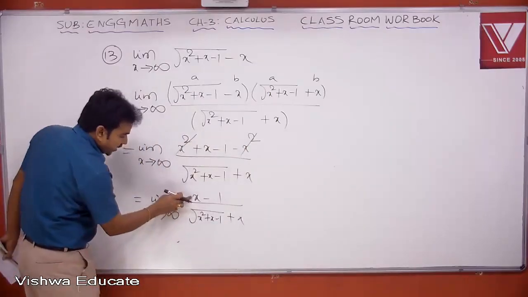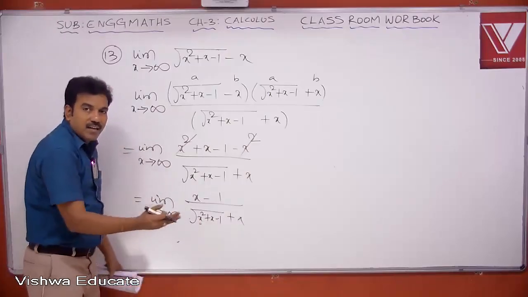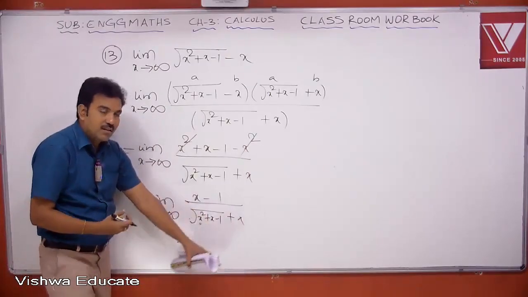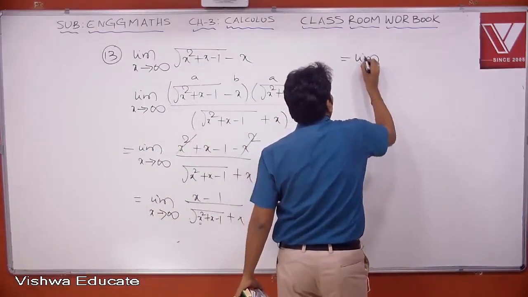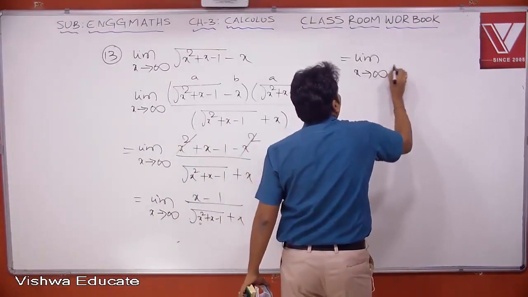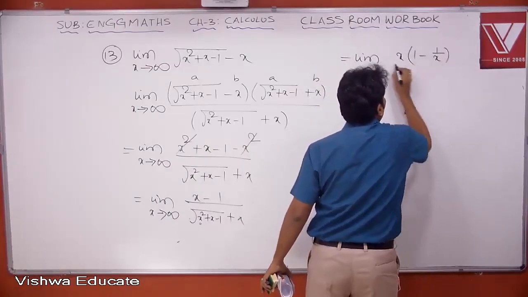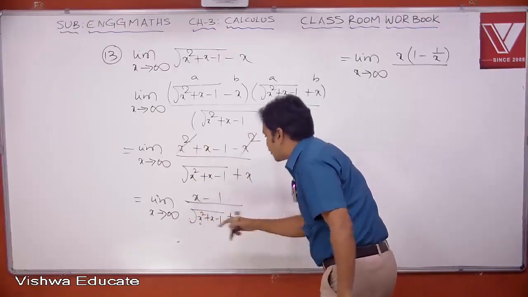Now here you can take x value common. Here when you take x square common, when it comes outside the square root, it becomes x. But here the x term is there. Therefore, this limit value must be equal to limit x extends to infinity. I am taking x common from the numerator. It becomes 1 minus 1 by x. Here take x square common, it comes as x.